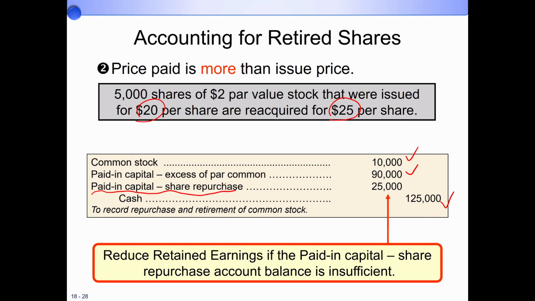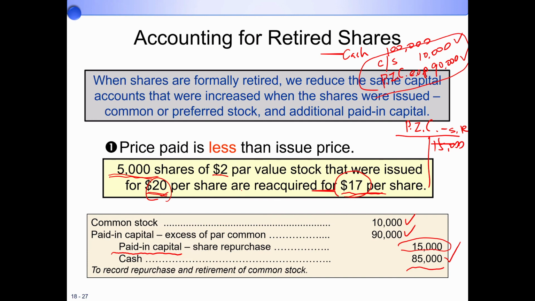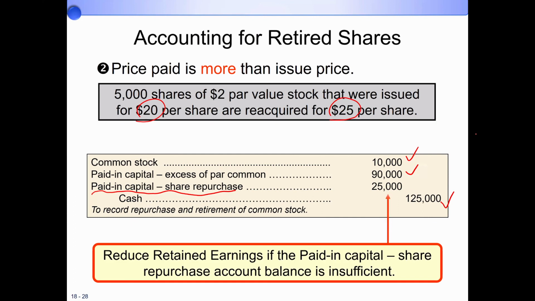So you can see this example is just the opposite of the previous one. What if the share repurchase account doesn't have enough balance? Let's say this situation: we only have 15,000 balance in paid-in capital share repurchase, and then we purchase back another 5,000 shares for $25.